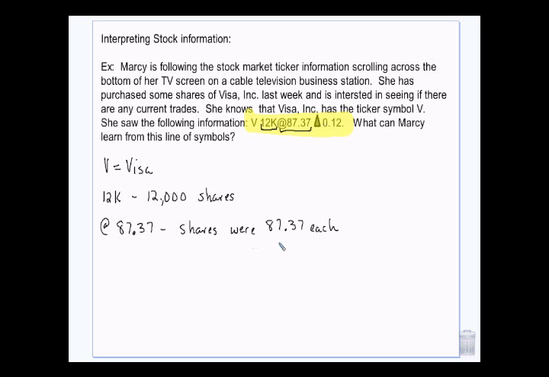So the shares were 87.37 each. And then the next bit of information means it was up 12 cents from the previous day. So 12,000 shares of Visa sold for 87.37 each, and that was 12 cents more than yesterday.